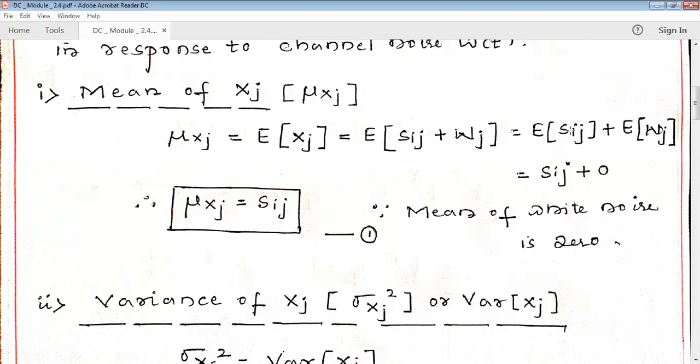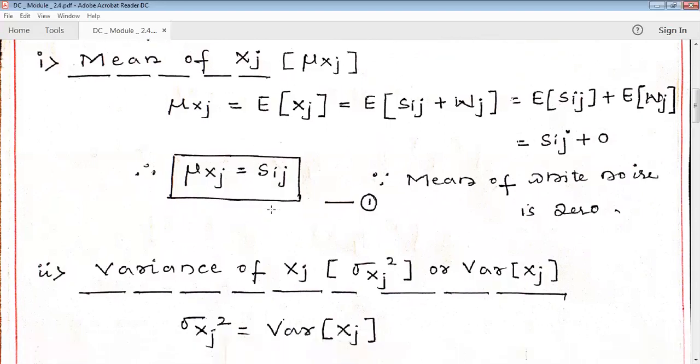Therefore, the expectation of sij is equal to sij, and the mean of this random noise signal Wj is always 0. Therefore, the mean of the random variable Xj is simply sij, which is the vector representation of the transmitted signal.